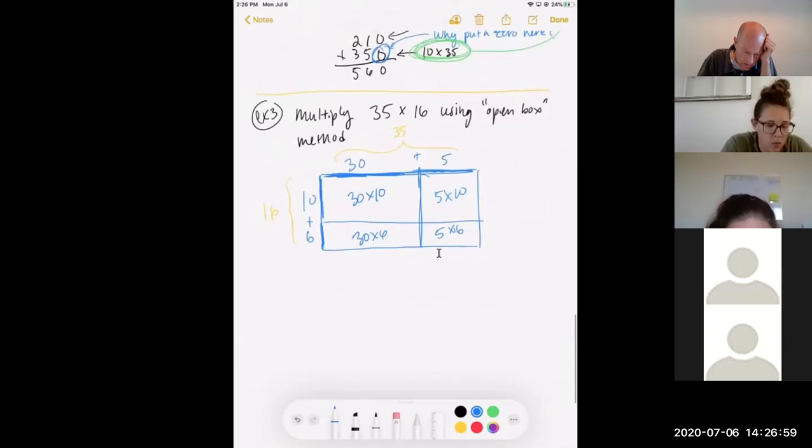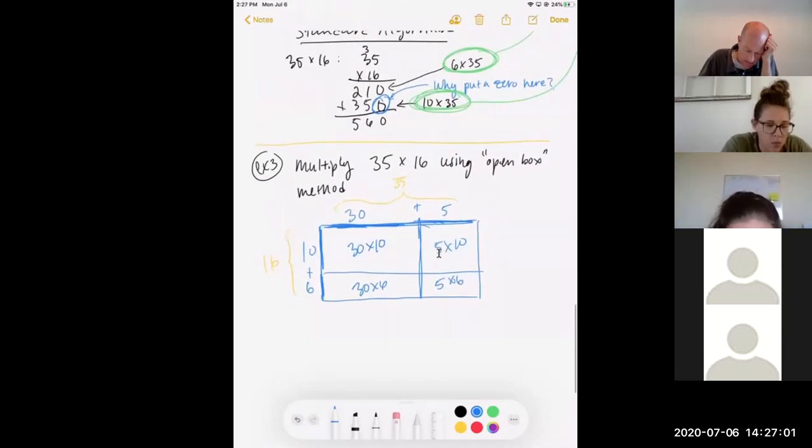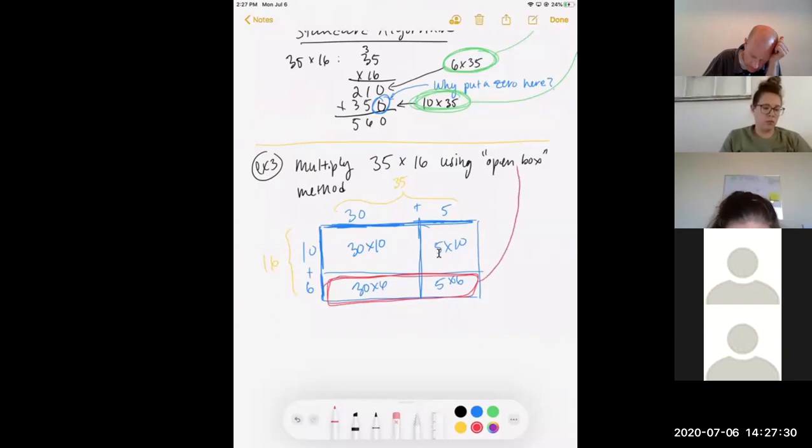And let's go ahead and use our standard algorithm. It says that we had multiplied 6 times 35 and then 10 times 35. So 6 times 35 was the top one. So that's this part right here. If I combine these two parts together in my partial products, that'll connect up to this first one right here.